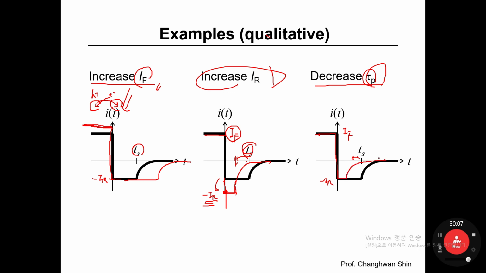Okay, so qualitatively, we may understand how the stored excess carriers are removed out of the PN junction diode. That is a key idea in understanding the transient response of the PN diode.